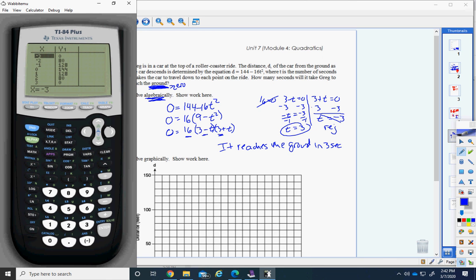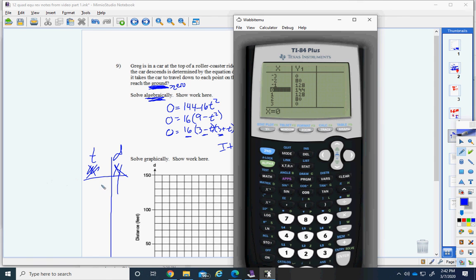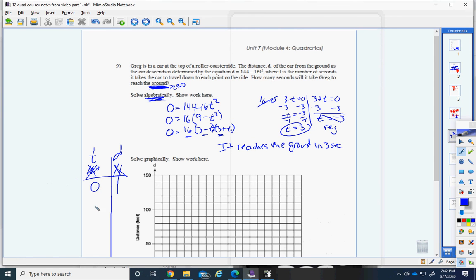I was gonna scroll through for the turning point, but it's perfect. So from negative, I can't graph from negative 3 times, so I'm going to start from 0. 0, 1, 2, 3.